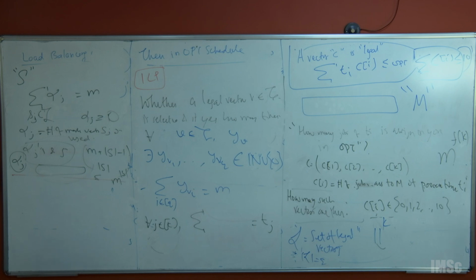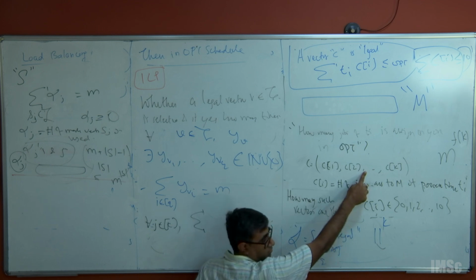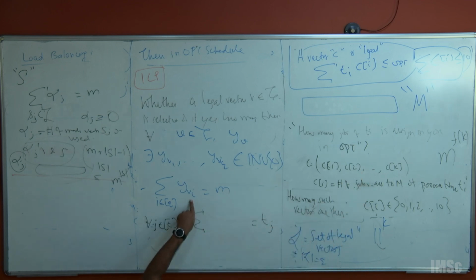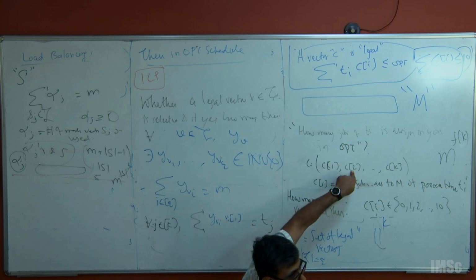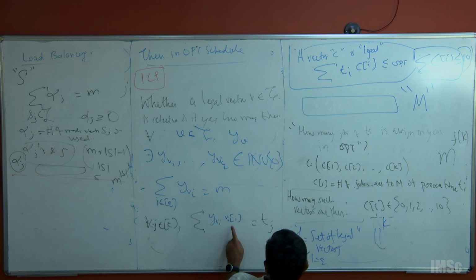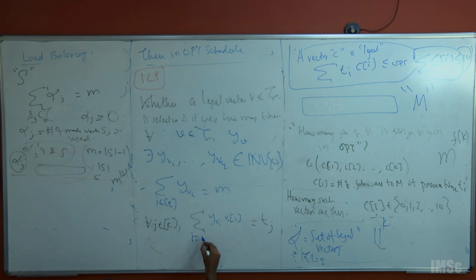So, y_{vi} is a vector. Look at this y_{vi}. I know what Cj is, because I know this vector Vi. So, I am going to write this as y_{vi} number of times Vi of j, with i going from 1 to Q, should be equal to Nj.